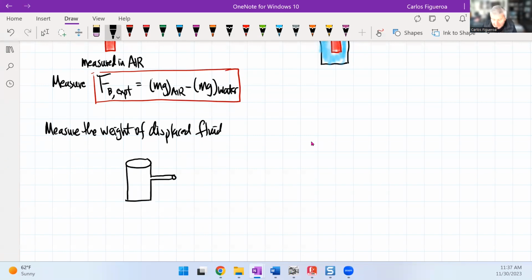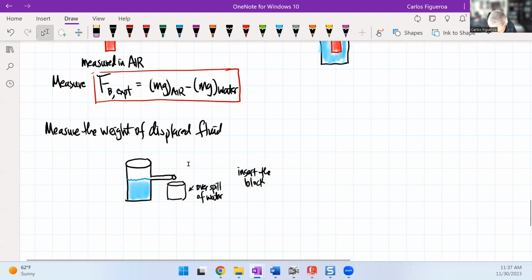You fill it up right to the edge, and then you're going to have a catcher, which is where the overspill of water is going to be caught. Now you're going to insert the block.